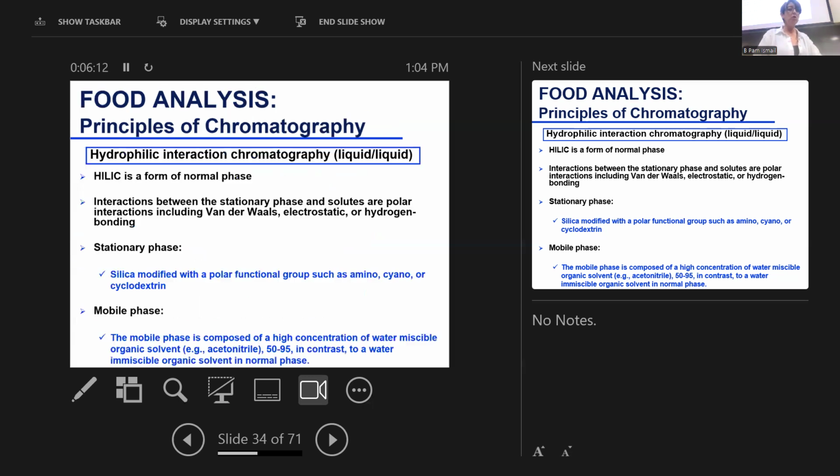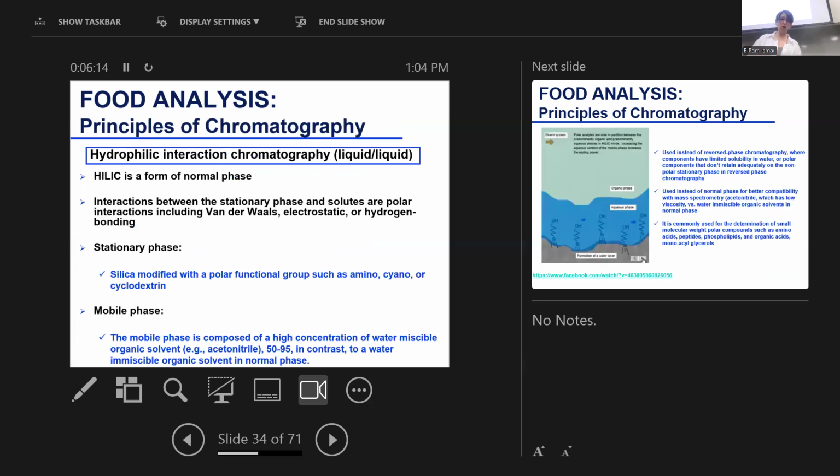Okay. So last time we were talking about partition chromatography, and we stopped at hydrophilic interaction chromatography, which is a form of partition chromatography. So it is liquid-liquid, and it is a form of normal phase as well.